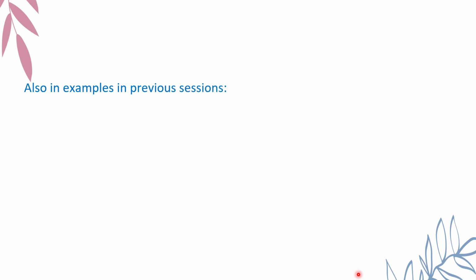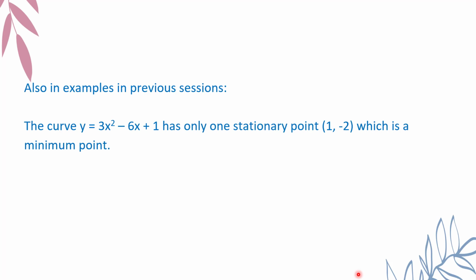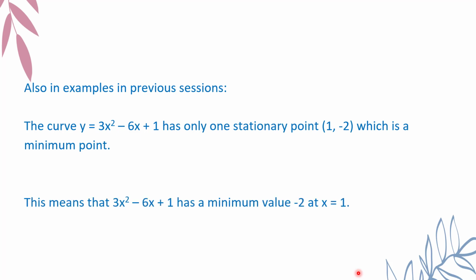Also in examples in previous sessions, you can see that the curve y equals 3x squared minus 6x plus 1 has only one stationary point, which is (1, -2), and this is a minimum point. For x equals 1 and y equals -2, we can also say that this curve has a minimum value of -2. The value usually refers to the value of y, and it is -2 at x equals 1.